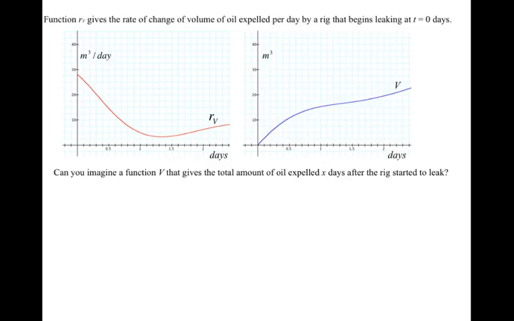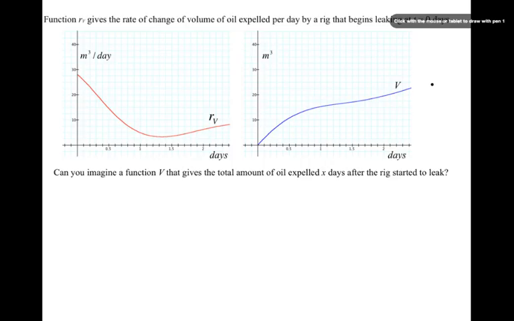So we didn't have much time to do it, but starting at 0, the rate is the highest at first. So the amount of oil that's spilling out is shooting up the fastest, but then that rate slows down. And so then the oil expelling into the ocean is at a lower rate. So it's not shooting up as fast, and then increases its rate at the end.